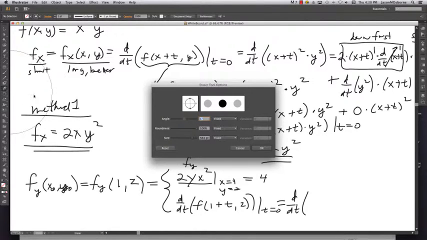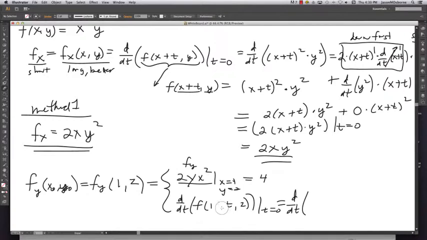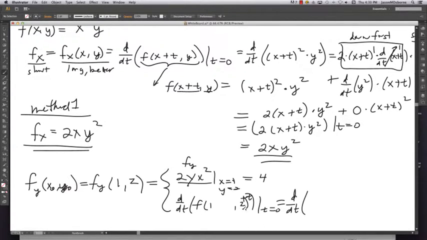Let me make this a little smaller. So you would put 1, and you need to put 2 plus t. Okay, you do 1, and then the y gets the plus t.